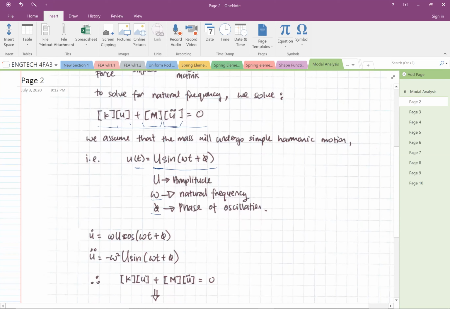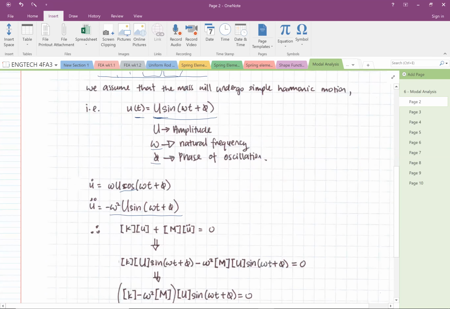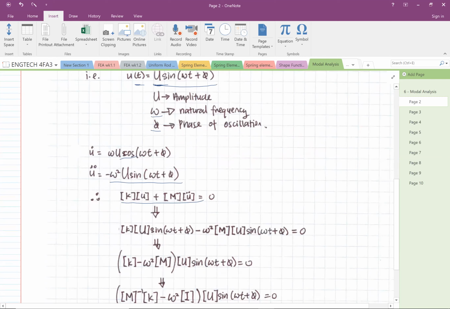So if u is sine, the first derivative turns sine into cosine, and then the second derivative is back to sine again. We love that. So we put everything into the equations in matrix form and get this term.